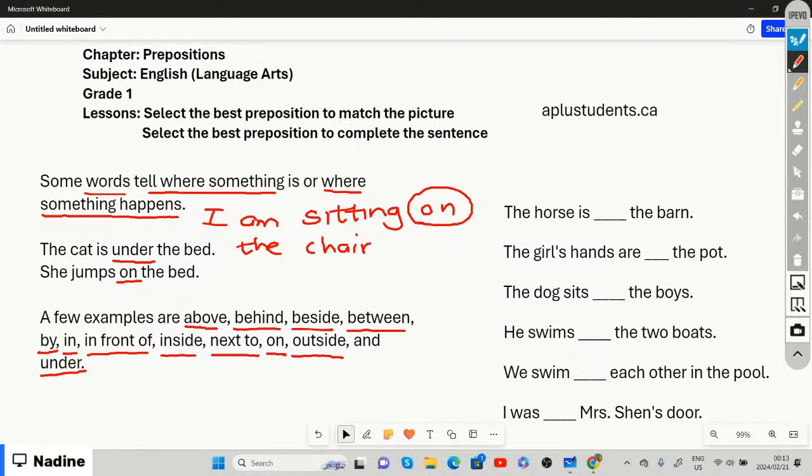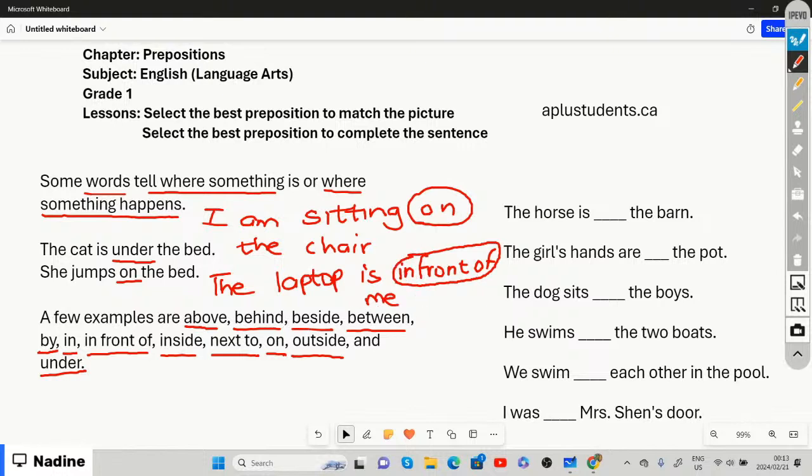And if you have your computer or your laptop in front of you, you can say, the laptop is in front of me, right? So our preposition is in front of.